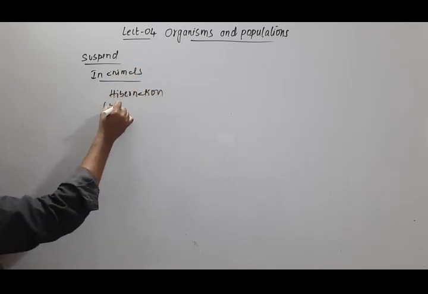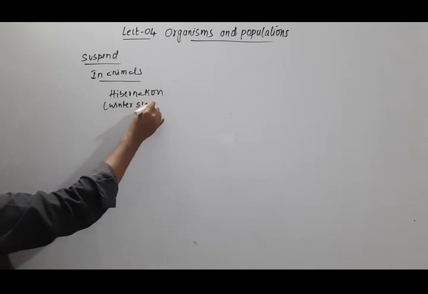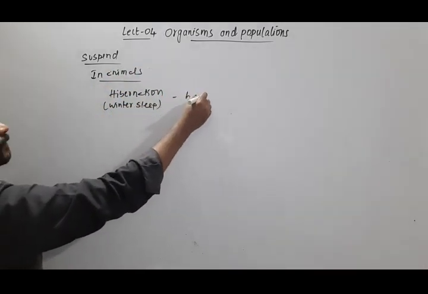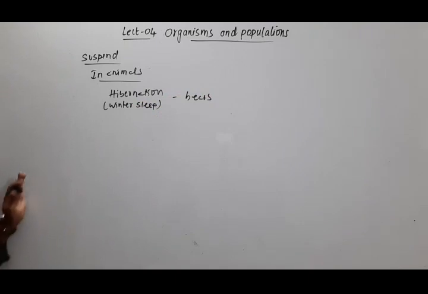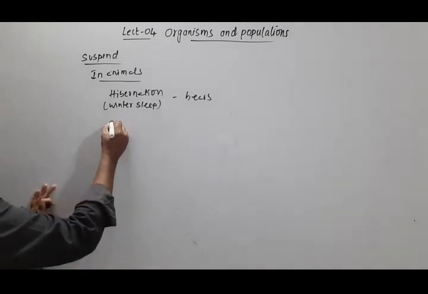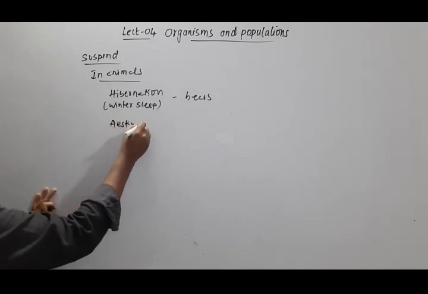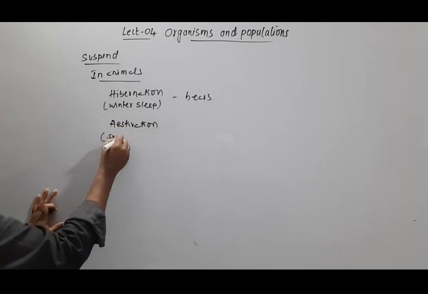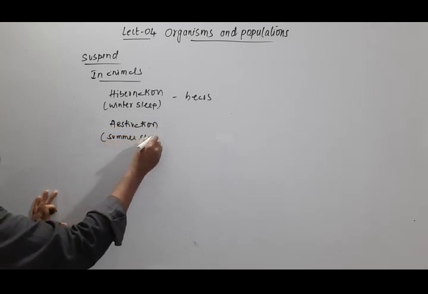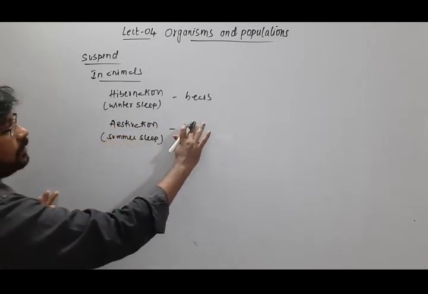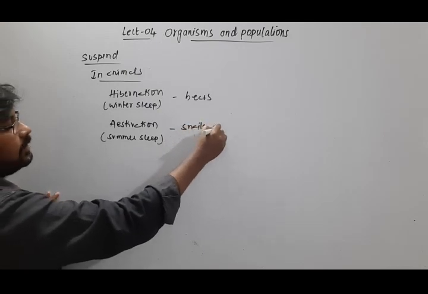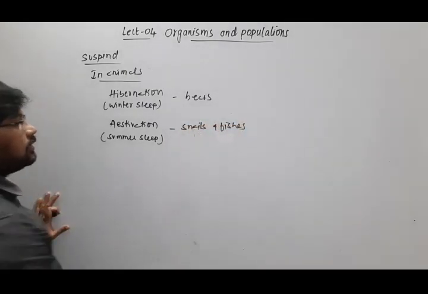This is called the winter sleep, like we see in bears going for hibernation. And in some fish and snails, there is aestivation, which is called the summer sleep, seen in snails and fishes.